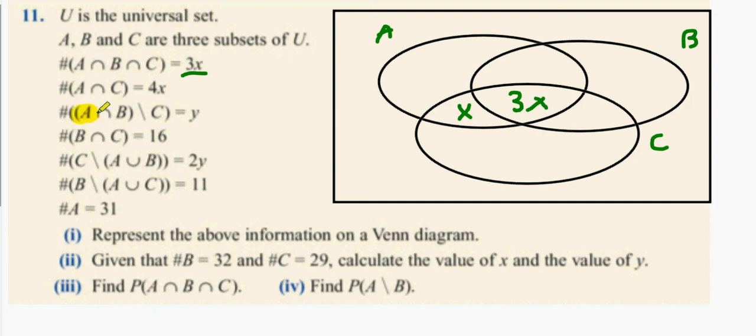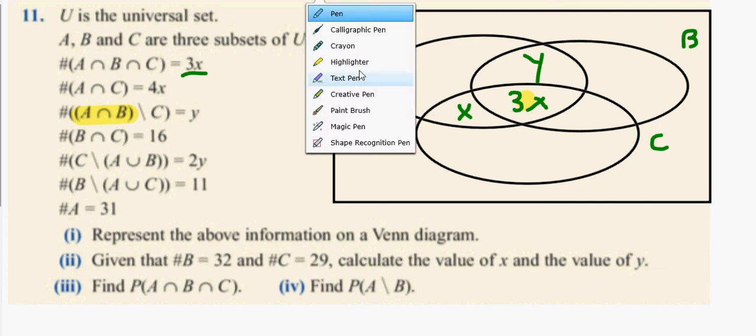A intersection B. Everything in A intersection B that's not in C. So A intersection B would be this part here. But we're told not to include C. So we're just talking about this part only. So what do we put in there? y. Okay. B intersection C is 16.